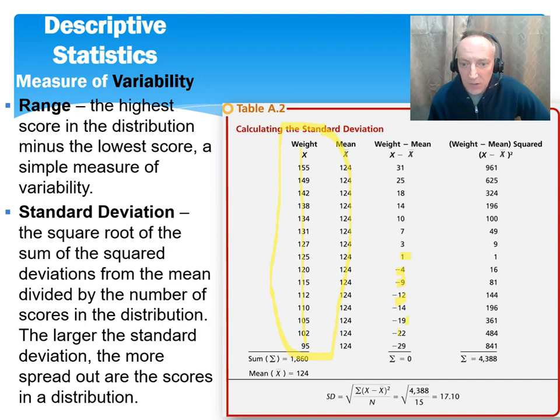We sum all those up. We divide by the total. Because we squared all of these values, we then take the square root of it to undo it, and we end up with a standard deviation.